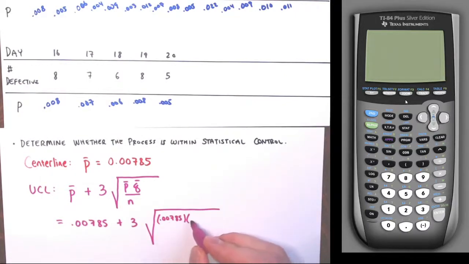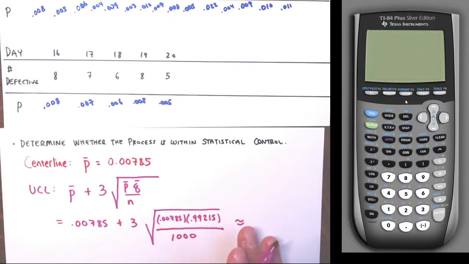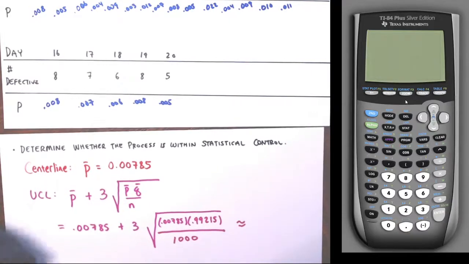So 1 minus this, so 0.99215. And again, just make sure that these both add up to 1, and they would, right? Divided by the n, the size of the samples every day, that was 1,000. All right, let's see what this gives me. And if this is bigger than 1, remember, I'm not using it. I'm just going to use 1 as the upper control limit. I don't think it will be, though.